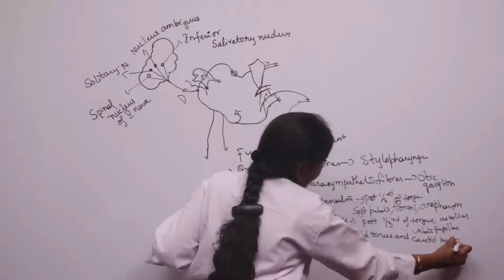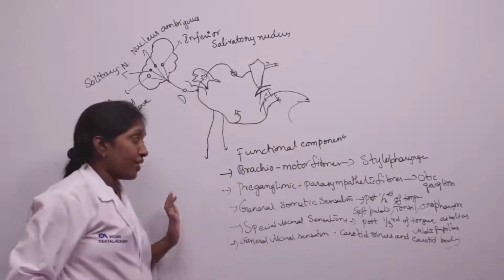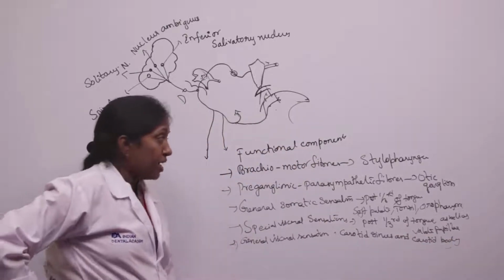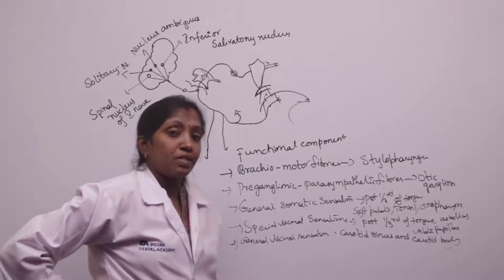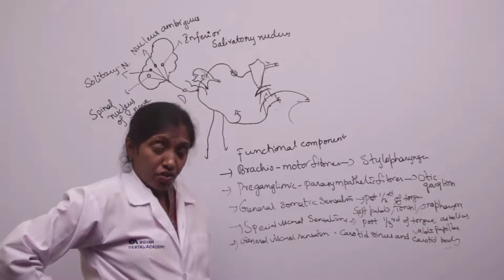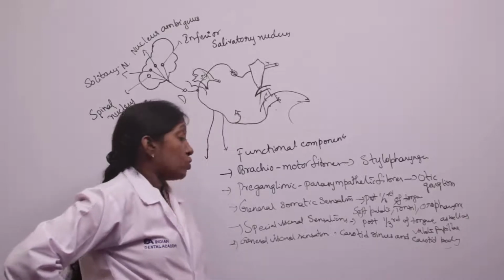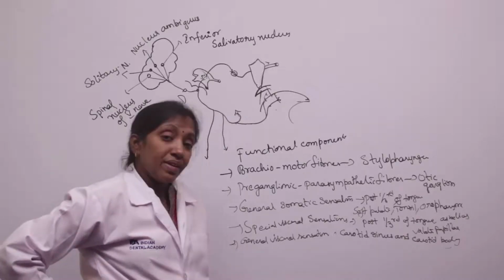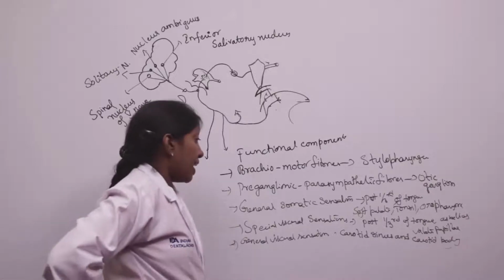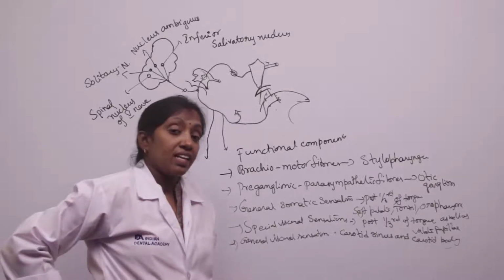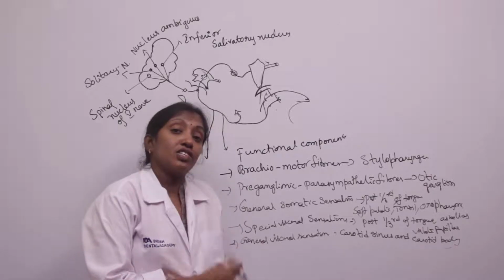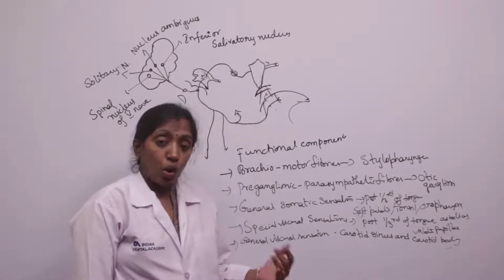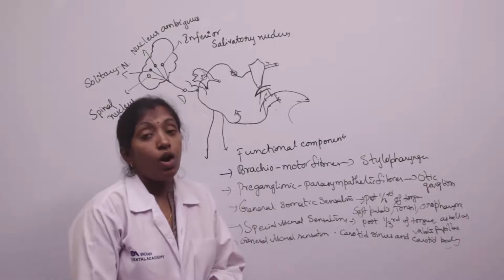So these are the functional components of the glossopharyngeal nerve. One is branchiomotor fibers, which supply the stylopharyngeus muscle. Next is preganglionic parasympathetic fibers to the otic ganglion, and the postganglionic fibers supply the parotid gland. The general somatic sensations are from the posterior one-third of the tongue, tonsil, soft palate, and also the oropharynx.